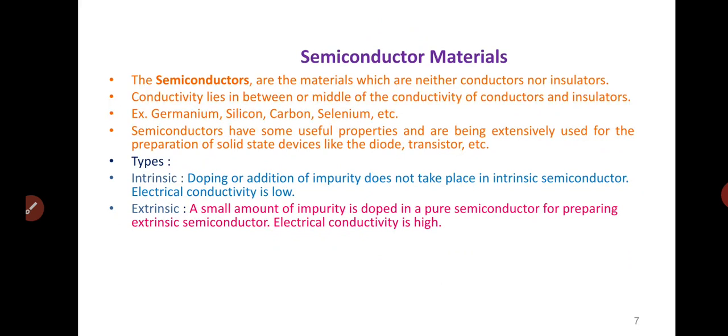The two element, that is binary, which are from third and fifth compounds, such as gallium arsenide, gallium phosphide, which are commonly used in light emitting diodes, that is LEDs.